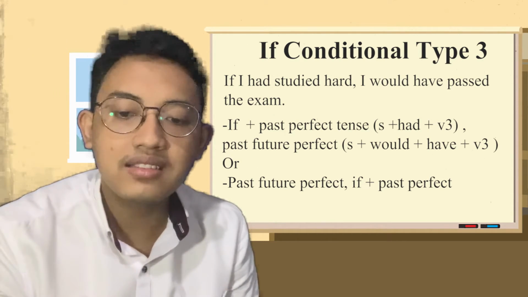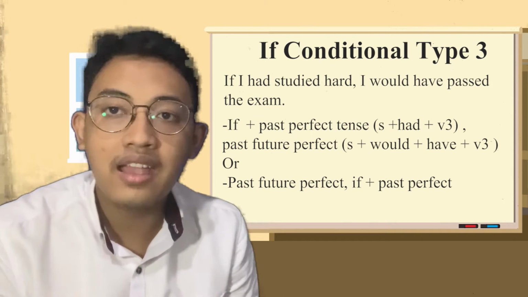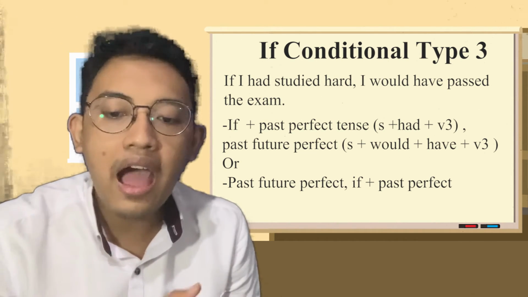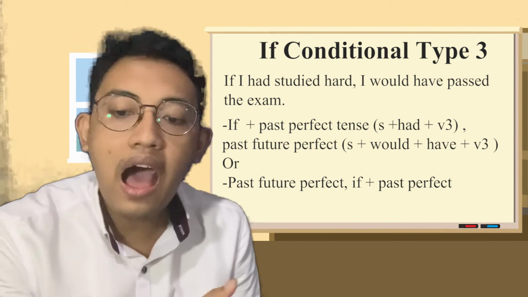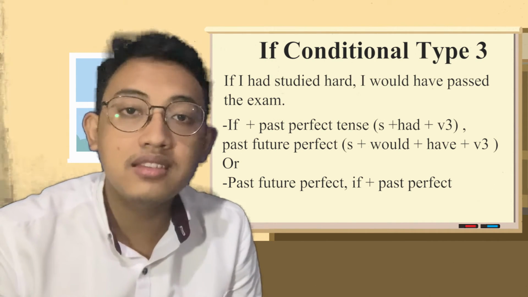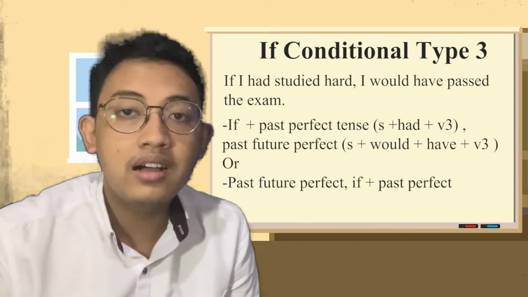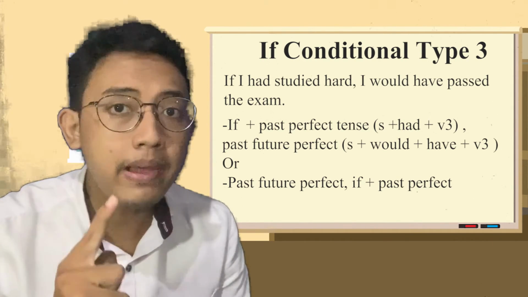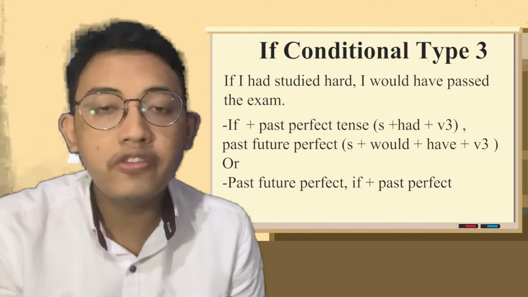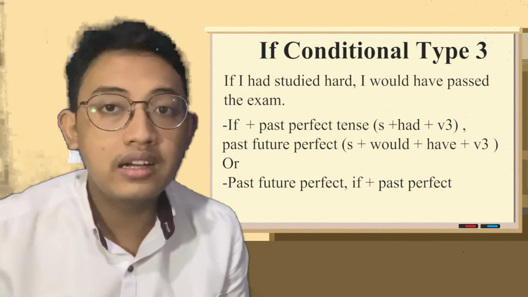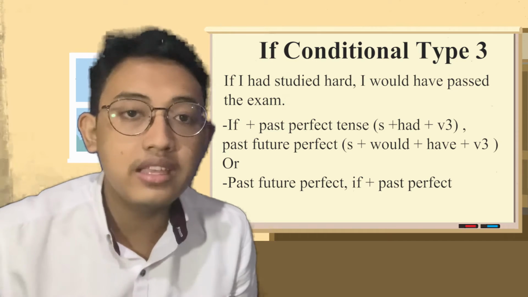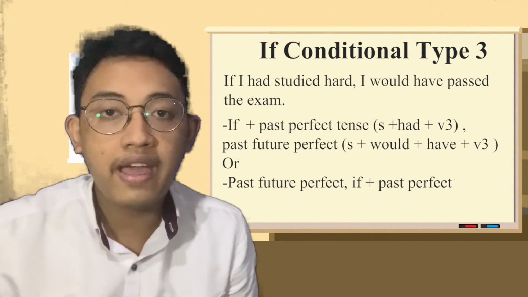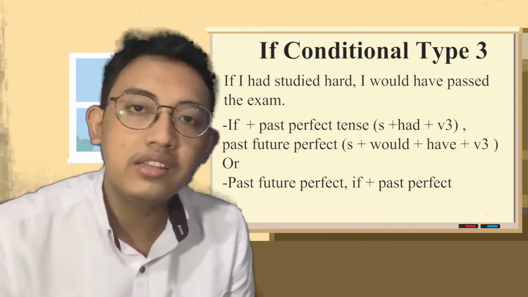If I had studied hard, had studied is the past perfect tense, and I would have passed the exam, I would have passed, is past future perfect. And remember, if we want to make the fact in if conditional type 3, we must use simple past tense.